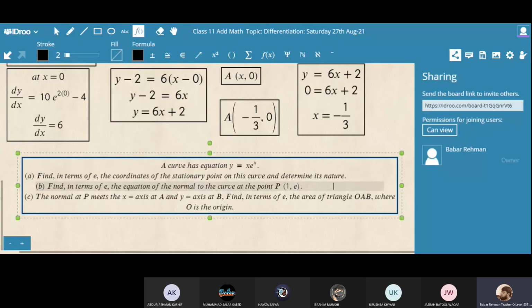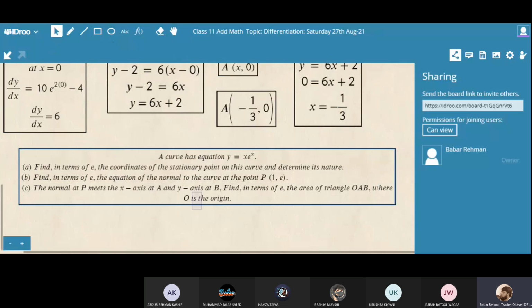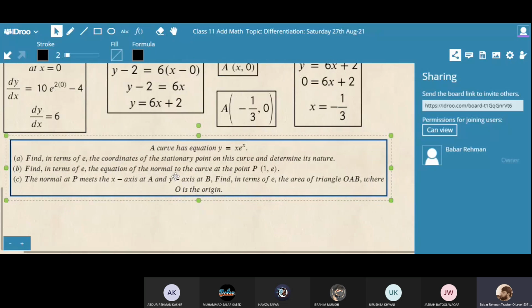Okay, for doing A and B part, I will let you know some techniques. Should I give you a hint, or you will be able to do this by yourself?